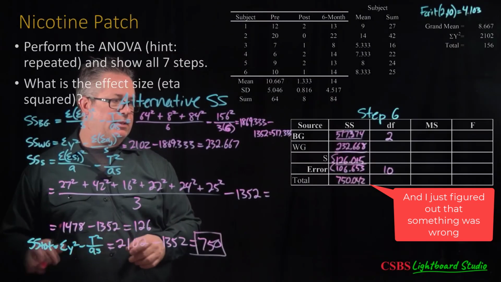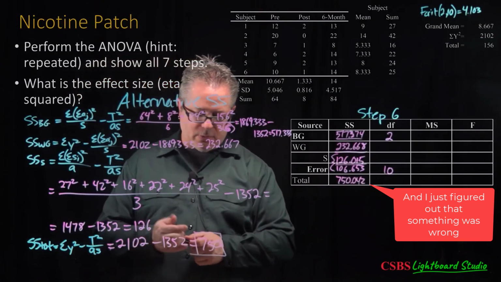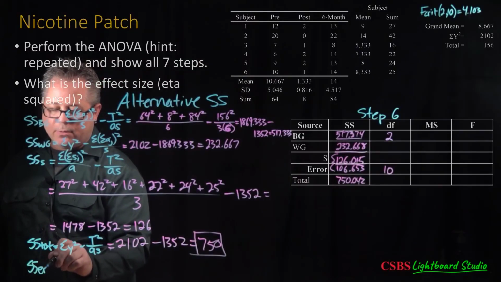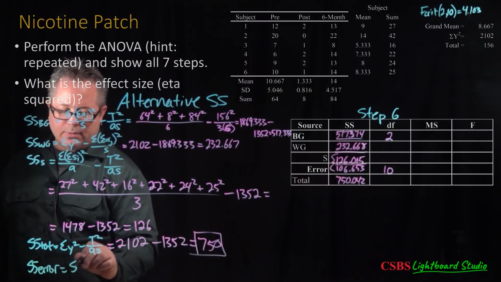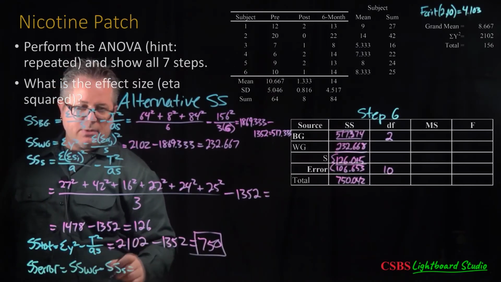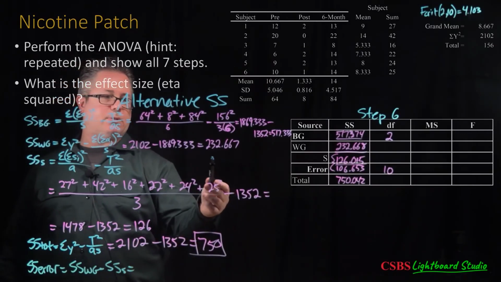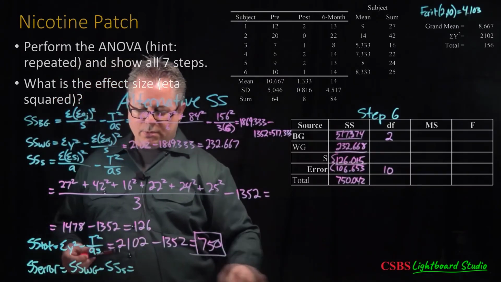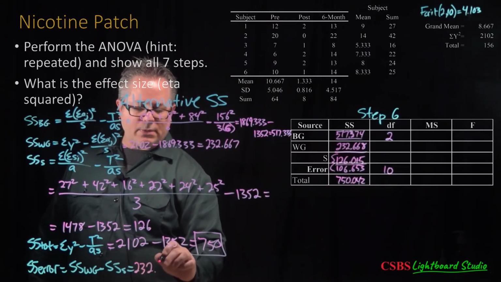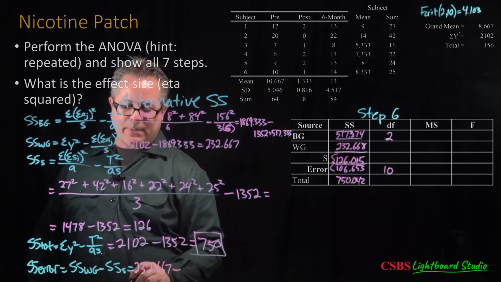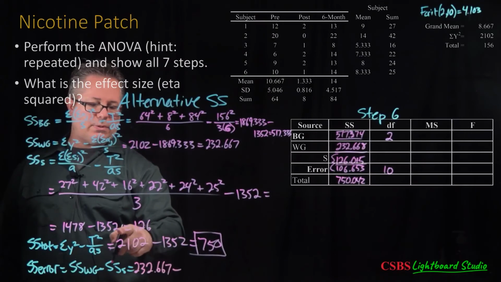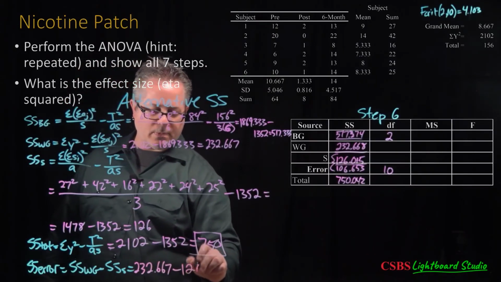And the last piece that we don't have, even though we sort of do, is the sum of squares for error, which is going to be the sum of squares within groups minus the sum of squares for S. So it's the same thing here. The sum of squares within groups was 232.667 minus the sum of squares for S, which is 126.